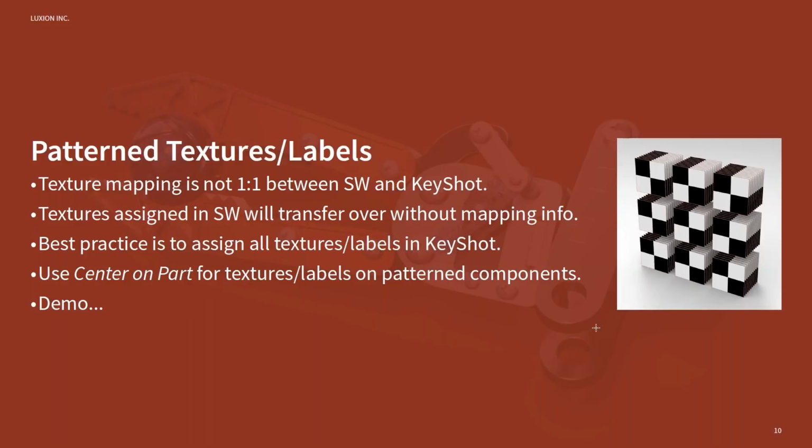So the best practice is actually to assign all those textures and labels inside of KeyShot where you're doing your material work. And then I'm going to show you how to use the center on part option so that we can achieve the patterned textures we see in the example image here.